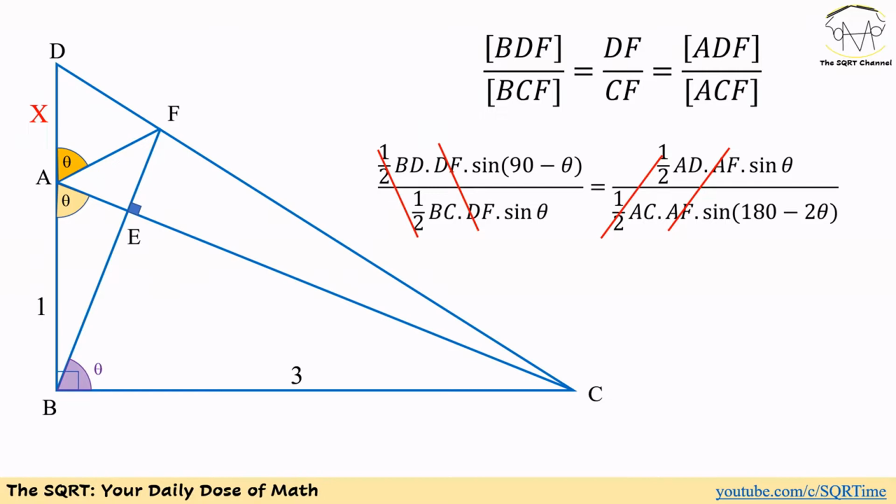We can use the same approach, and for ADF, we can write it as 1 over 2 AD times AF times sine of theta. For ACF, we will use 1 over 2 times AC times AF times sine of 180 degrees minus 2 times theta.